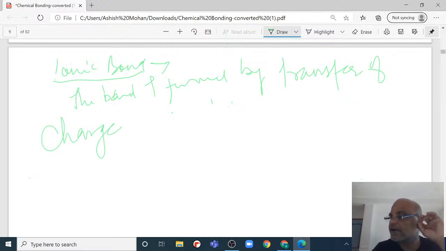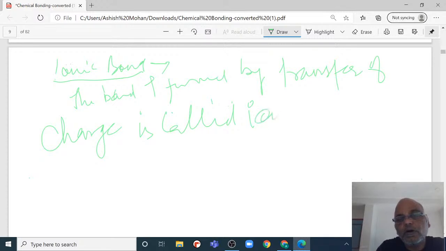A bond formed by transfer of charge is called ionic bond. Example.